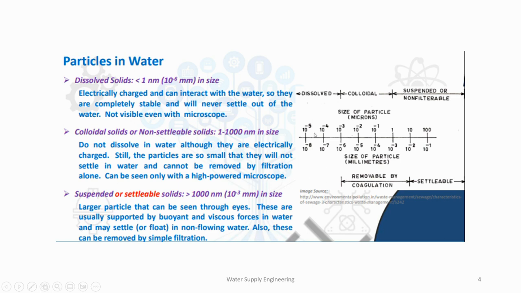So, depending upon the size of the particle, we have dissolved solids, which are less than 1 nanometer in size, colloidal solids or non-settleable solids, which are 1 to 1000 nanometer in size, and suspended or settleable solids, which are greater than 1000 nanometer in size. Among these, both dissolved solids as well as colloidal solids are electrically charged.